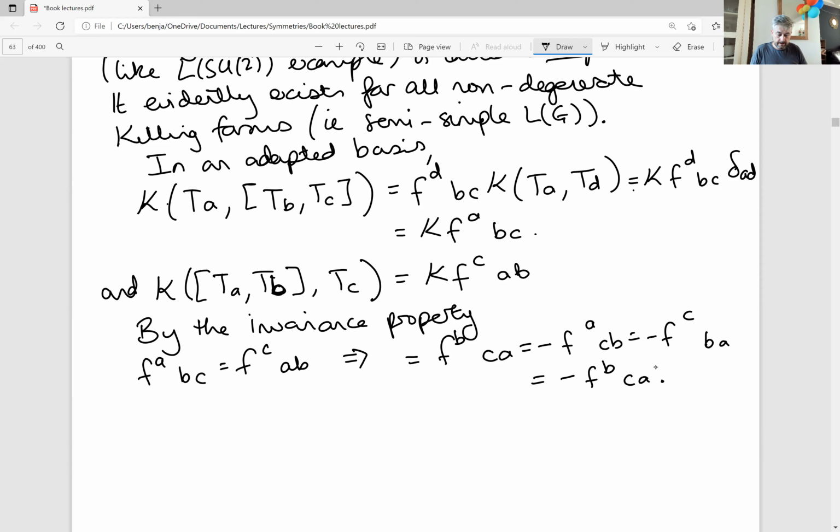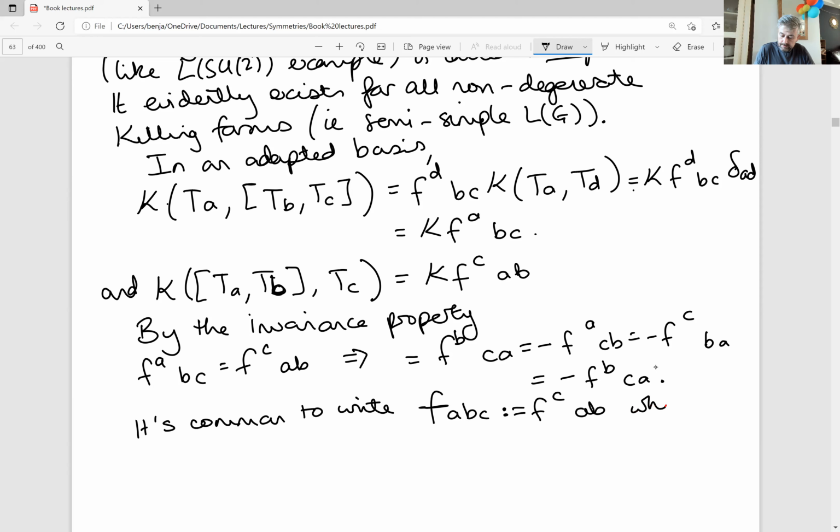So we have this total anti-symmetry under switching the indices, and in fact it's common in this case to write them all downstairs. So we define FABC to be FC upstairs with C upstairs and AB downstairs.